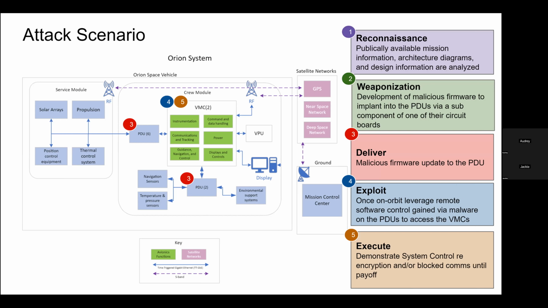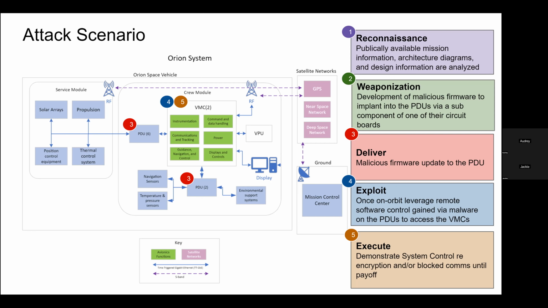So to just walk through this attack chain a little bit, firstly, we would conduct reconnaissance on all the publicly available mission information, architecture diagrams, as well as design information that's available on the open web. Secondly, weaponization. This is where we would develop the malicious firmware to put into the PDUs.